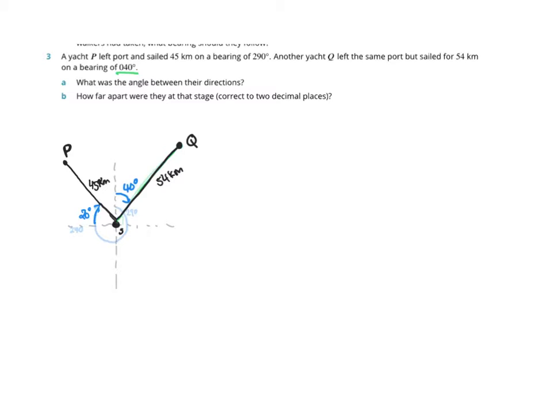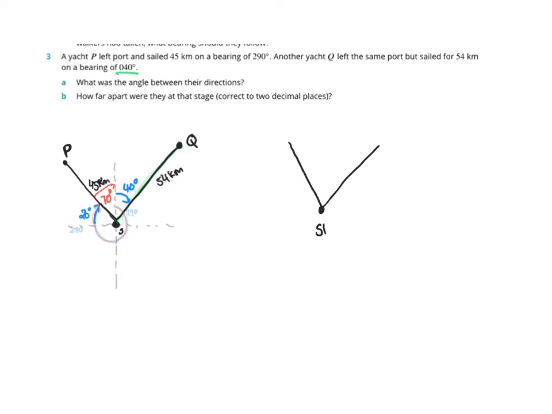Alright, so there are a few things you also know. If we go back to that first group, because they went 290, and a full circle is 360, you know that in here is 70. So that's going to help us, because now I can start to draw a triangle that looks like this.